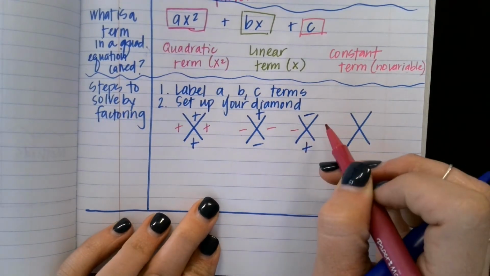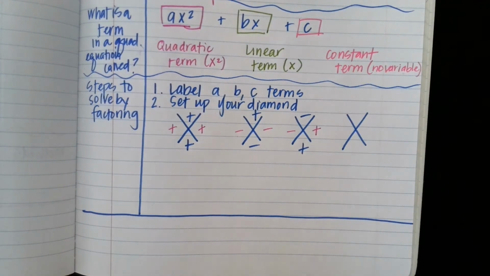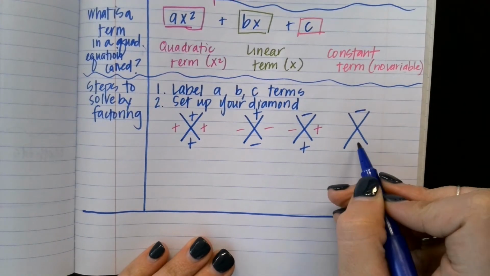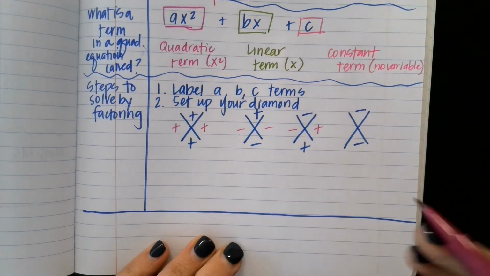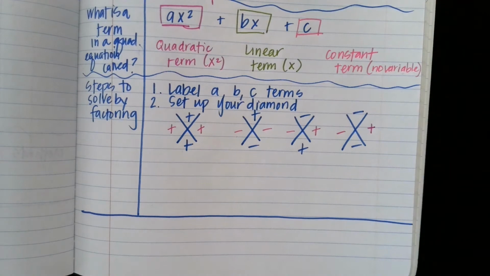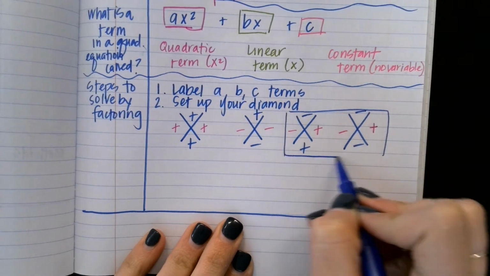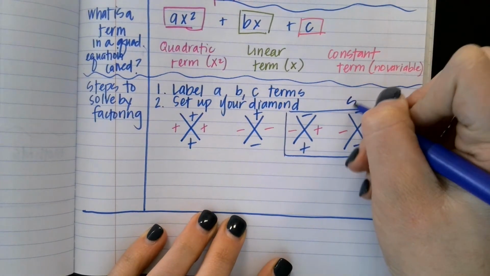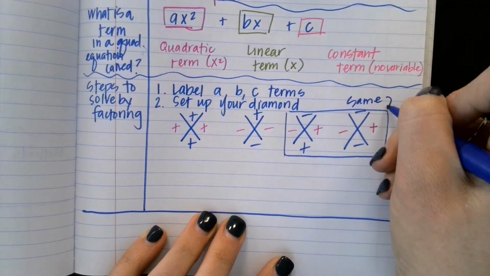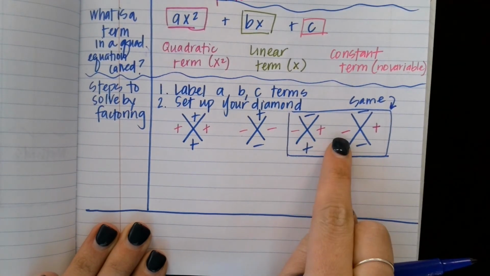One of your terms will be negative and one of your terms will be positive on the left and the right. If both of your terms are negative, one on the top and one on the bottom, one of your terms will be negative and one of your terms will be positive on the left and the right. Put a box around these 2 diamonds. These are the same. So one term is negative and one term is positive.